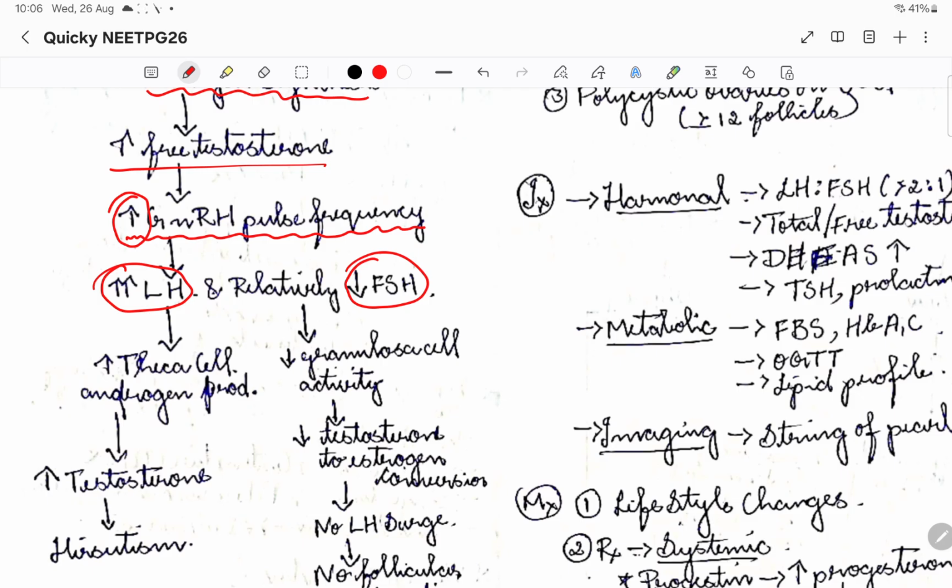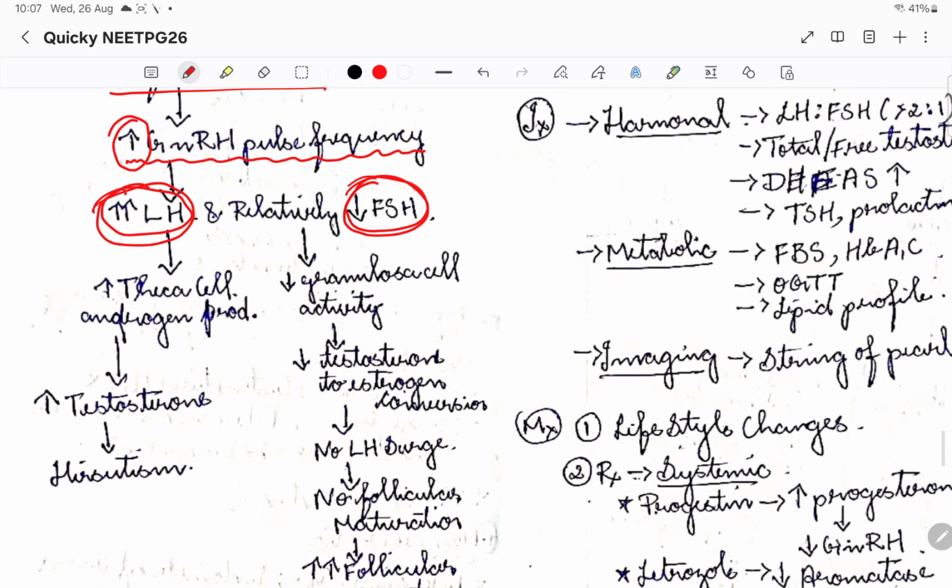So this is what happens if there is an increase in frequency of GnRH pulsation. Normally there will be pulsatile release of GnRH only. When there is increased testosterone, it increases the pulsatility, and there will be abnormality in LH and FSH production. So here the LH will be produced high, but FSH is low.